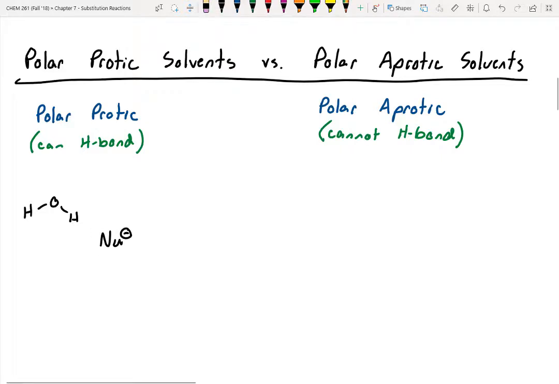actually let me make this a circle. That water molecule is basically going to hydrogen bond to that anion, right? If the nucleophile has a negative charge. Essentially, you're just going to have a bunch of water molecules wrapping up this nucleophile through H bonding.